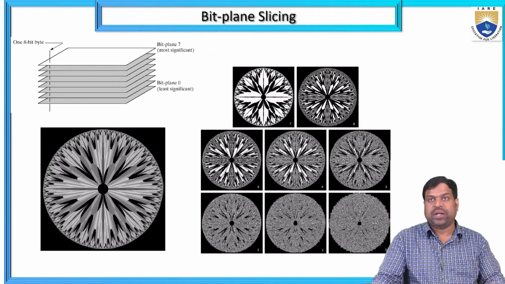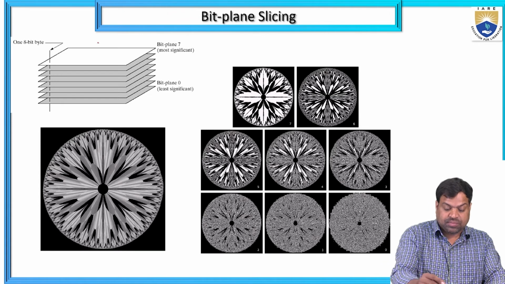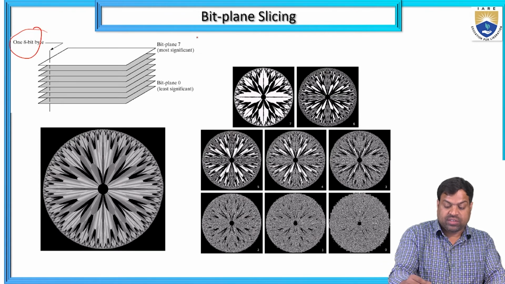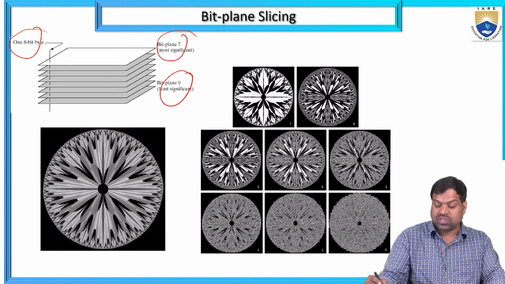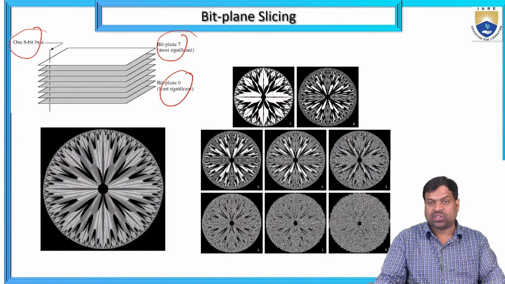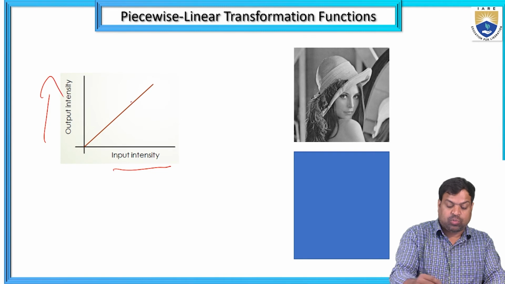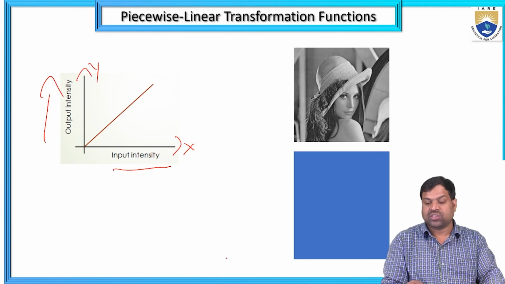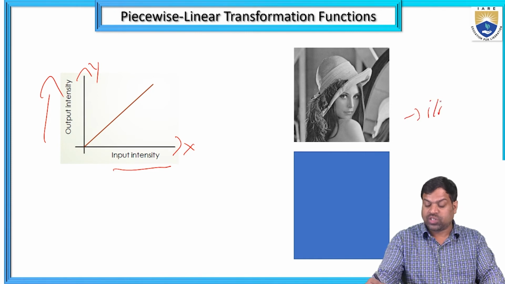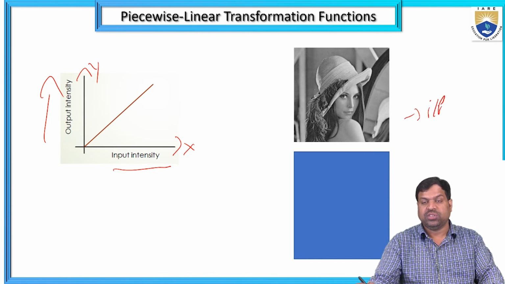So it is the bit plane slicing. It is the 8-bit, bit plane 0. So these are the slicings of that. The input intensity is X and the output intensity is Y. So it is the input function, and the output intensity means we are identifying the color codings or intensity values.